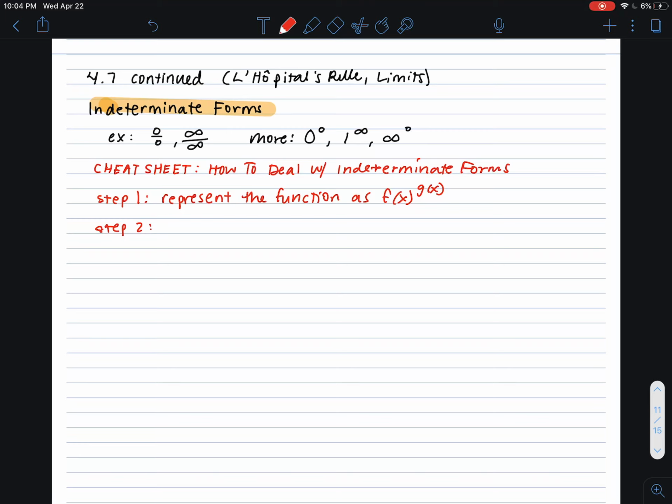Step 2 is to evaluate L, which is equal to the limit as x goes to some alpha. These forms are what you're getting by plugging in alpha for x in the limit as x goes to alpha of some function f of x.